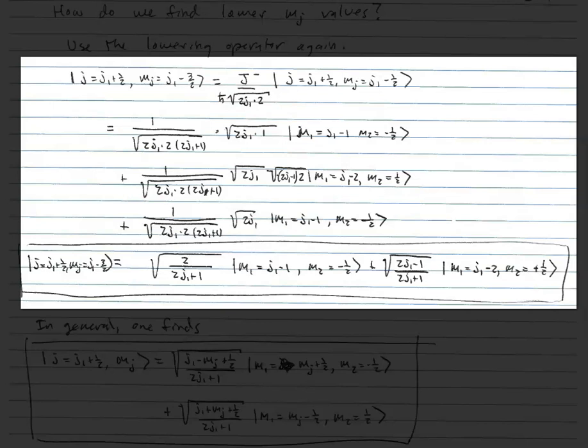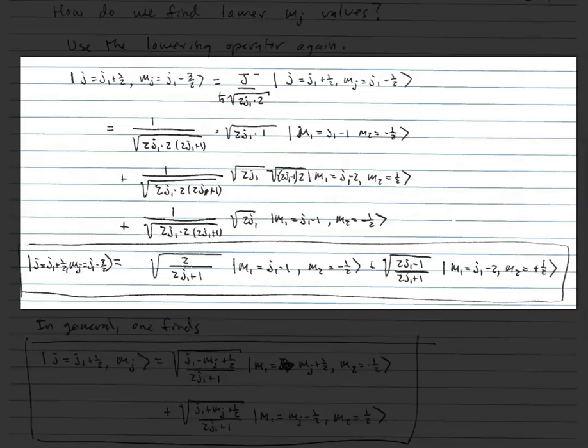One which corresponds to the lowering when the m1 is equal to j1 minus 1. One which corresponds to the lowering when the m1 is equal to j1. And then one which corresponds to the case where the m1 is equal to j1 minus a half, and I'm lowering the m2 from plus a half to minus a half. Okay, and you have to go through and work out what the numbers are that come out in front for each of those guys.